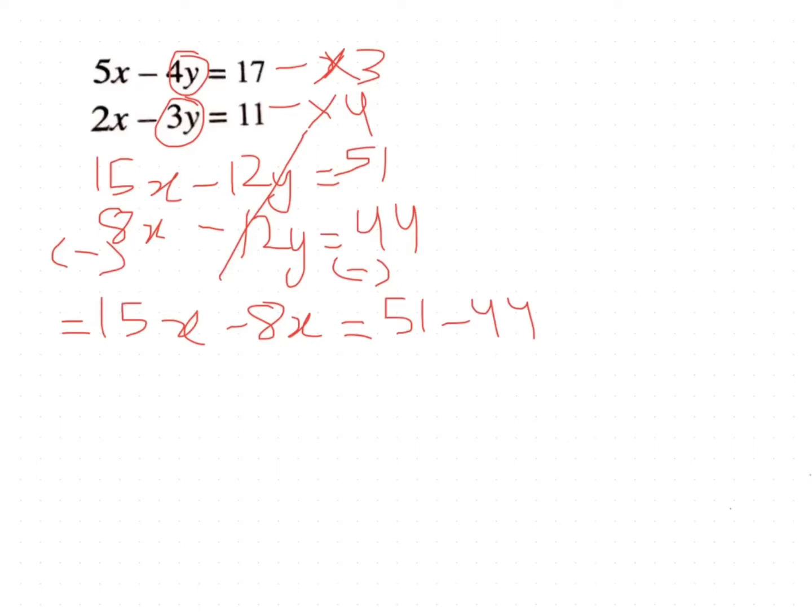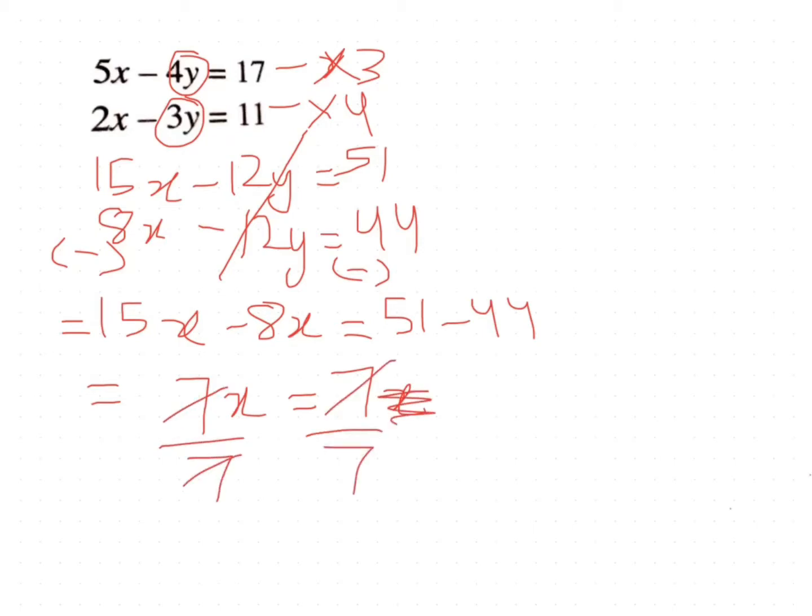After subtracting, we get 7x on the left and 7 on the right. We simplify it, and the value of x would be 1.